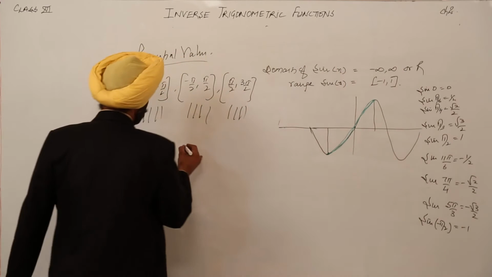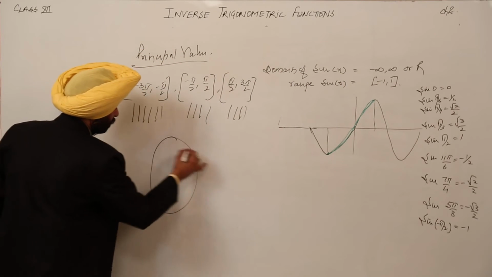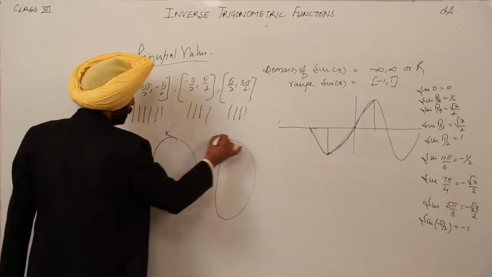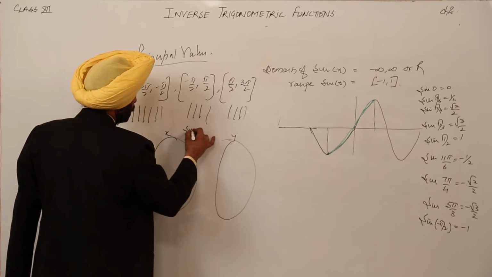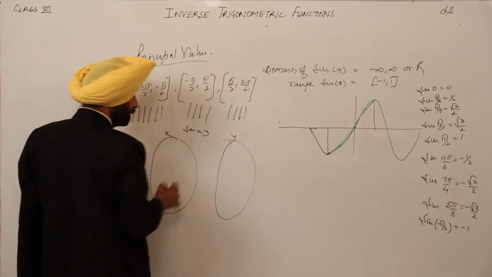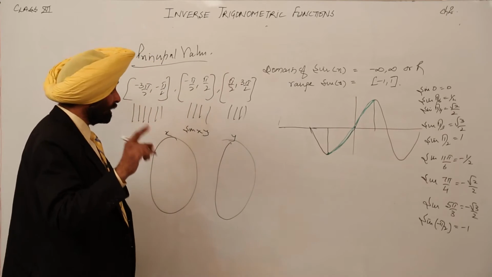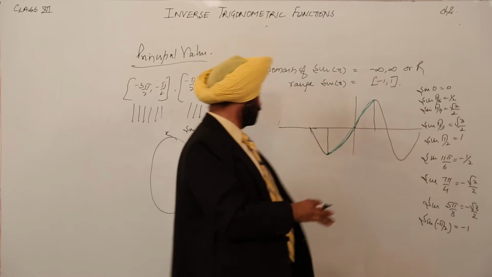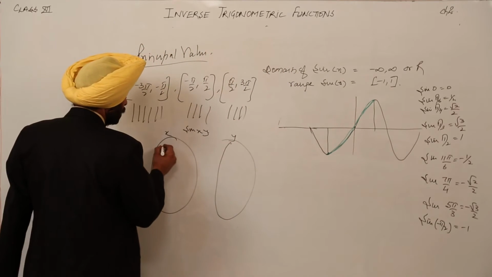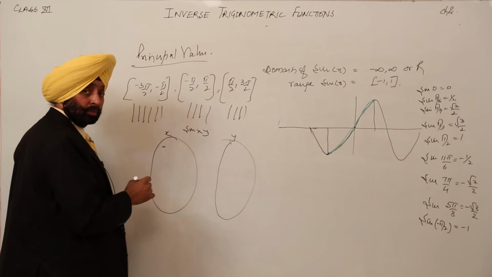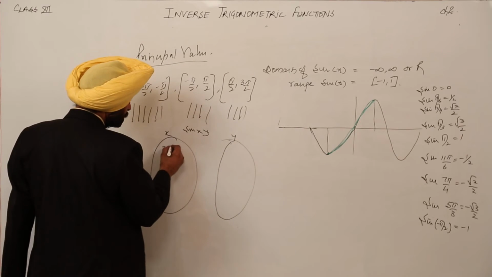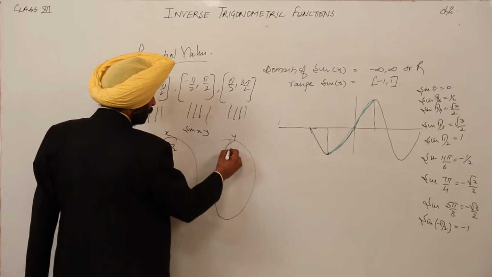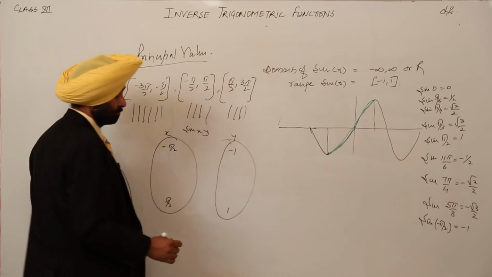We are having domain for x, range for y, sin x is equal to y, and now I have restricted it. Earlier, what I wrote on the whiteboard was from minus infinity to infinity. Now we are having it from minus pi by 2 to pi by 2, with range minus 1 to 1.